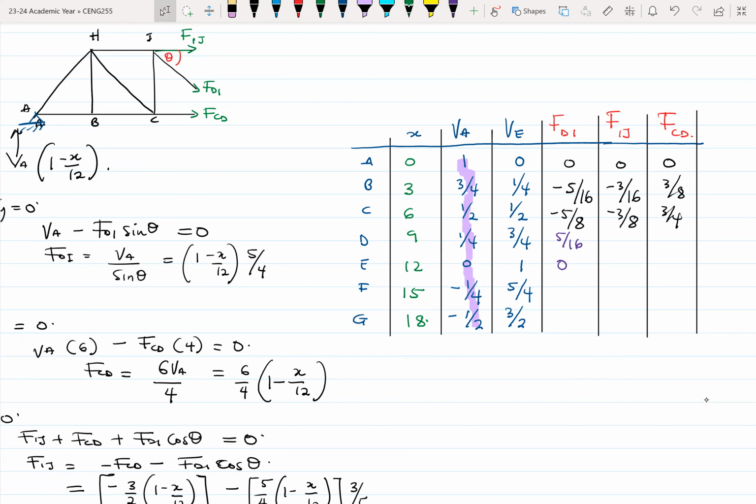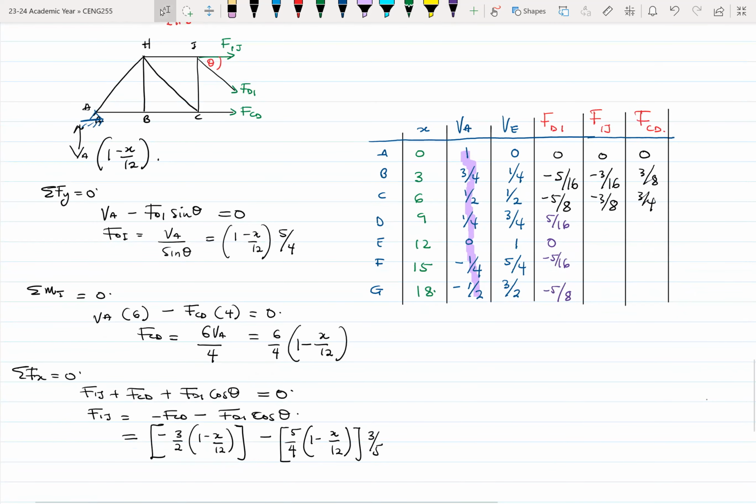Then at F, which is 15, you get minus 5 over 16. Then at G, which is 18, we get minus 5 over 8. Right.